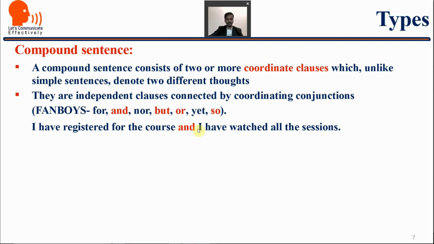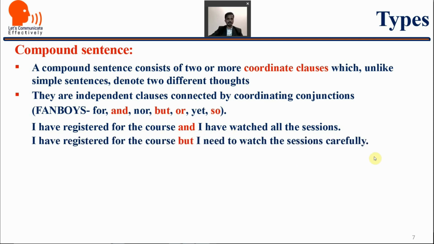If we delete the entire part and only read, I have registered for the course, yes, we get a complete sense. If we do not read the first part and simply read, I have watched all the sessions, still it makes sense. So two independent clauses are connected with the help of a coordinating conjunction, and.